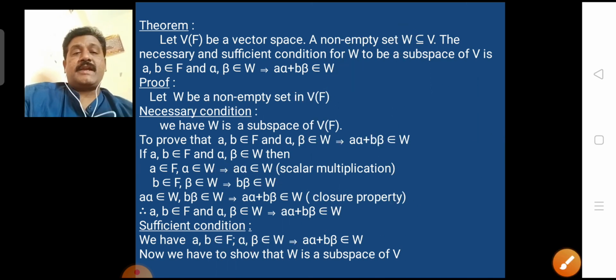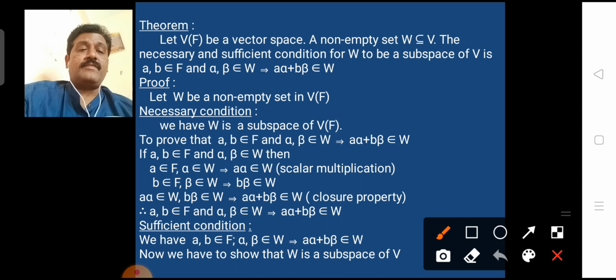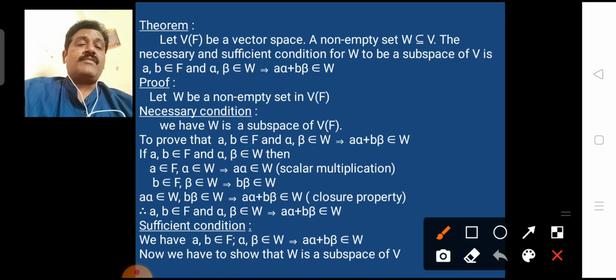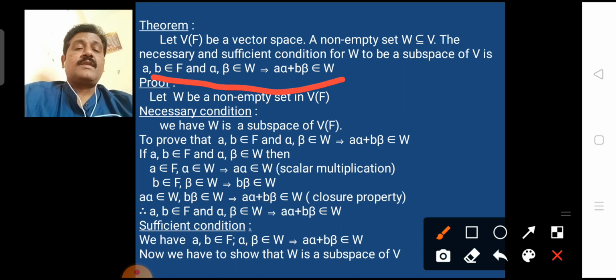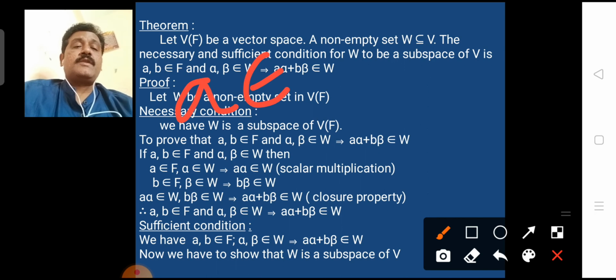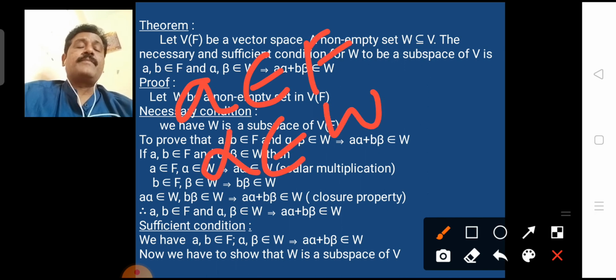Necessary condition. Assume that W is a subspace of V. Let A, B belong to F and alpha, beta belong to W. We have to prove that A alpha plus B beta belongs to W. Since A belongs to F and alpha belongs to W, and since W is a subspace, W is a vector space.